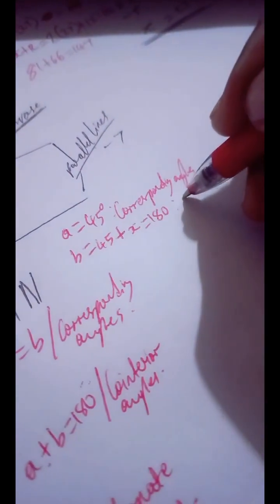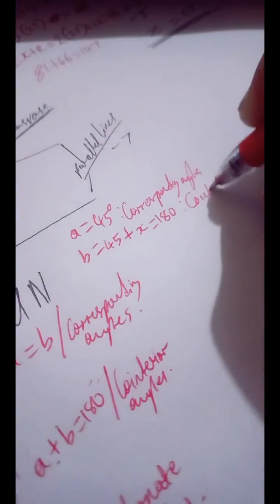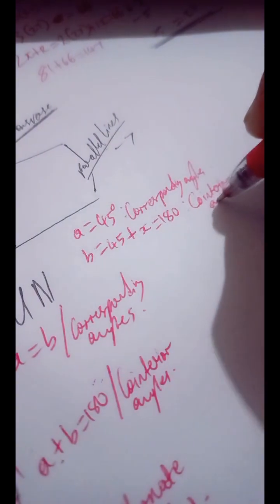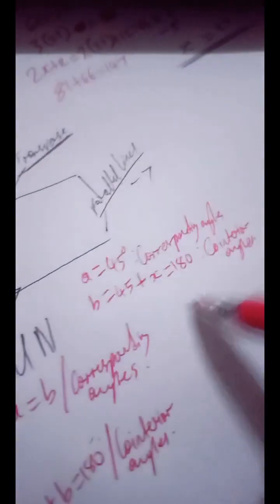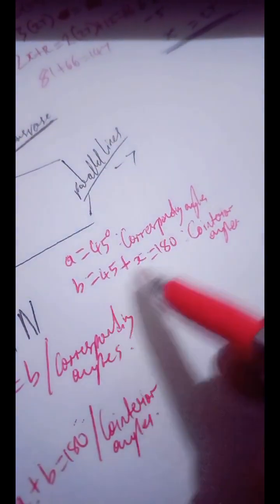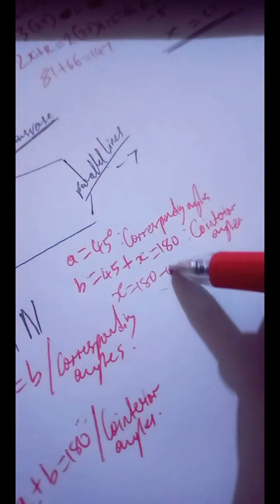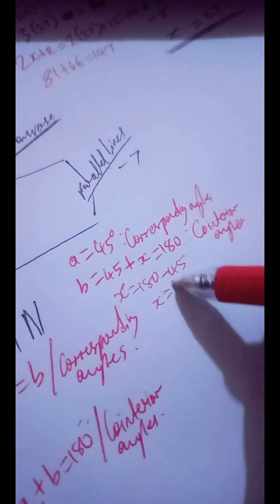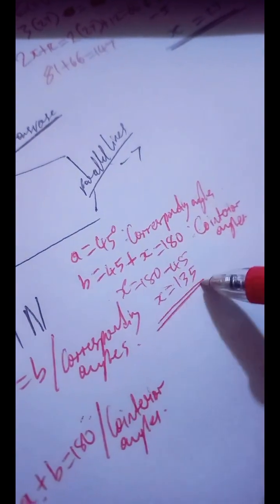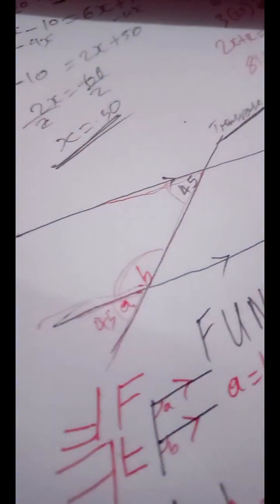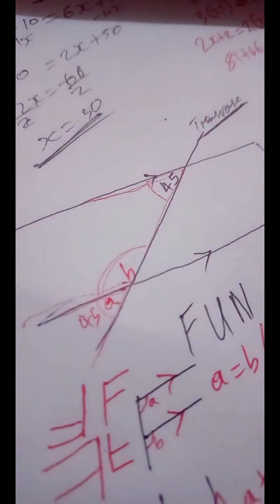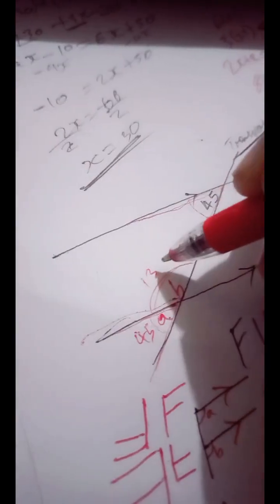Reason: co-interior angles. So to get B is equal to 180 minus 45. B is equal to 135.